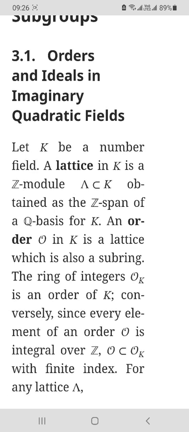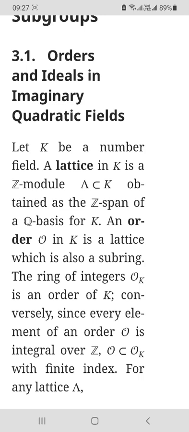Let K be a number field. So K is an imaginary quadratic field. A lattice in K is a Z module, a Z module of rank 2. So there is an action of Z on the module.